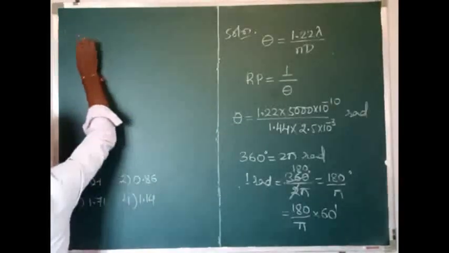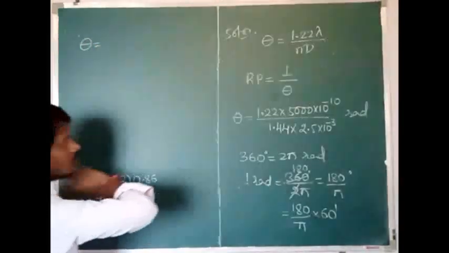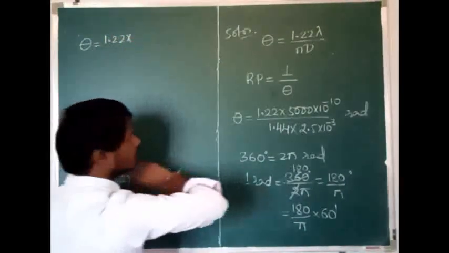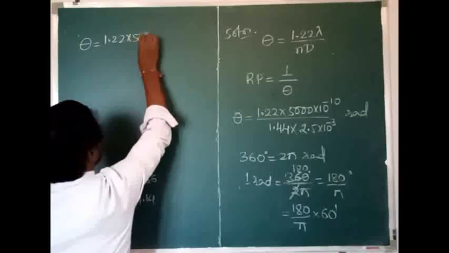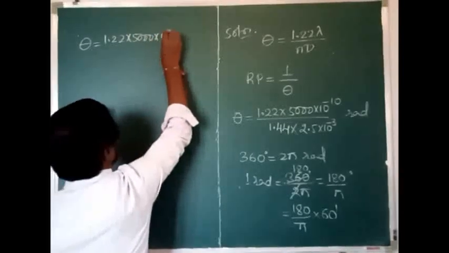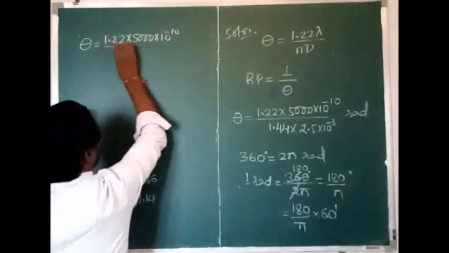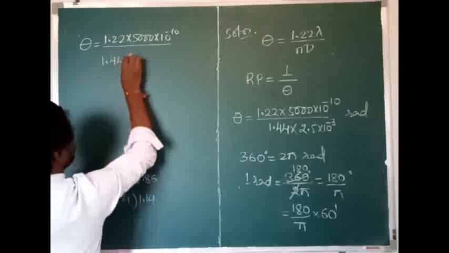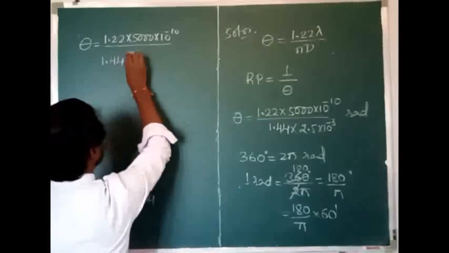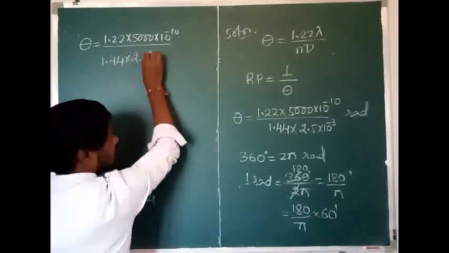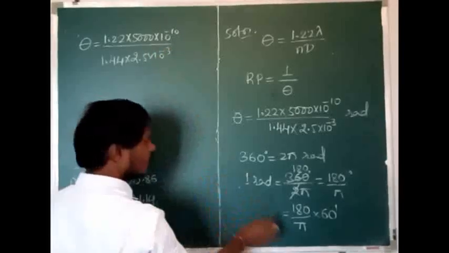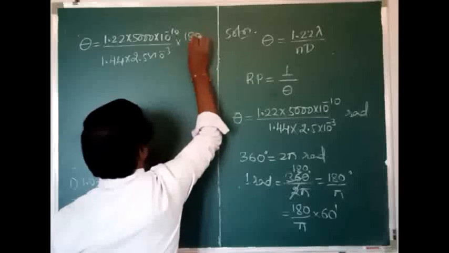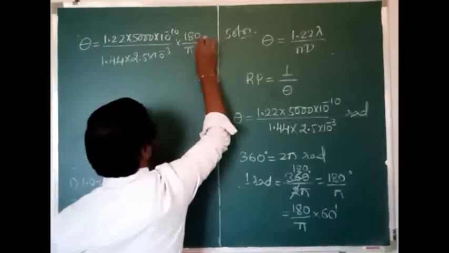Then theta is equal to 1.22 into 5000 into 10 to the power of minus 10, divided by 1.44 into 2.5 into 10 to the power of minus 3, and 1 radian in terms of minute, that is 180 by pi into 60.